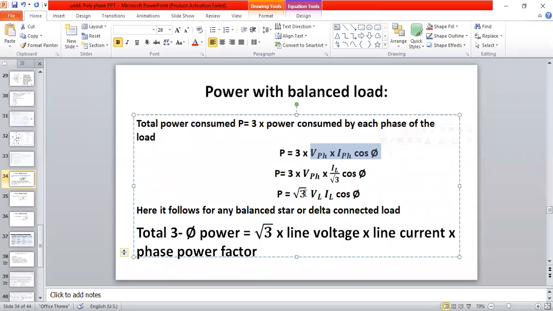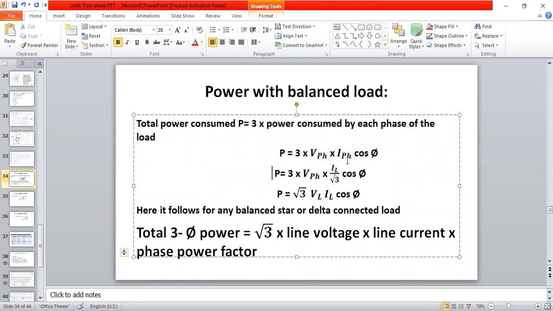If we derive for the delta connection, then P equals 3 VPH IPH cos phi. In a delta connection VPH equals VL, and IPH equals IL by root 3.